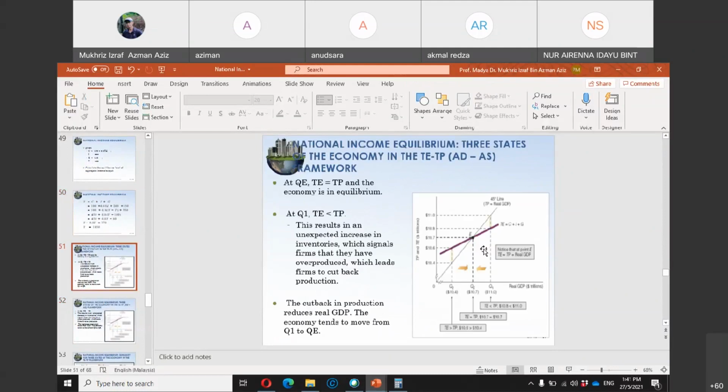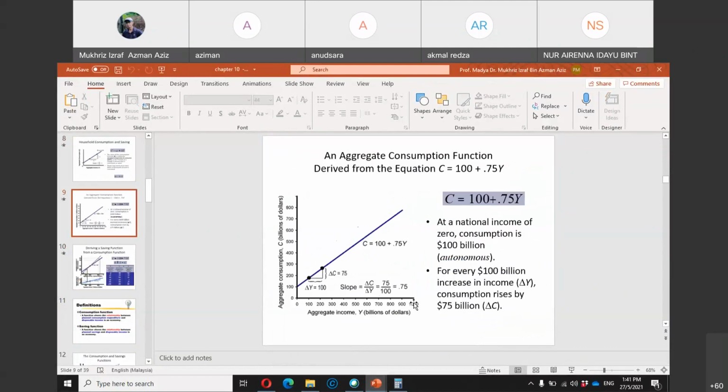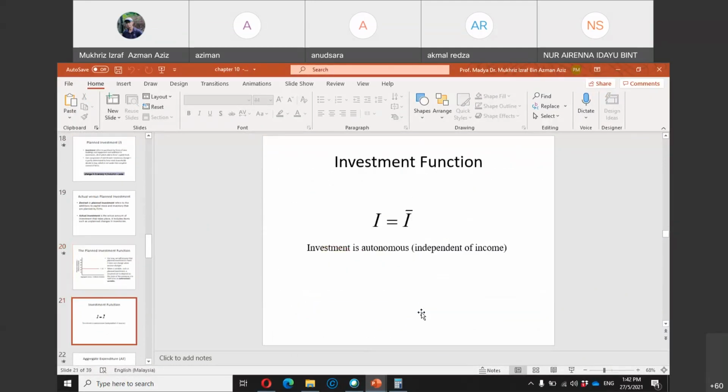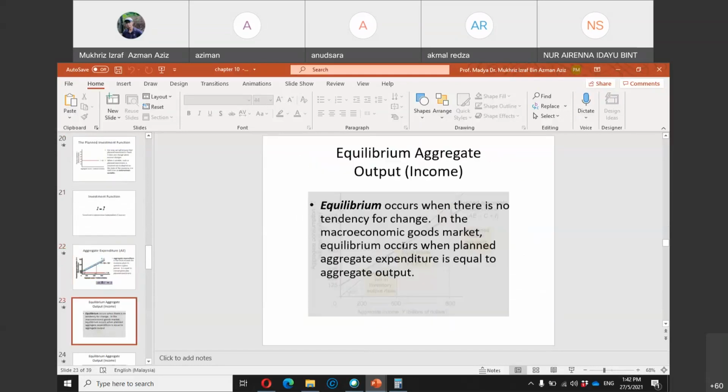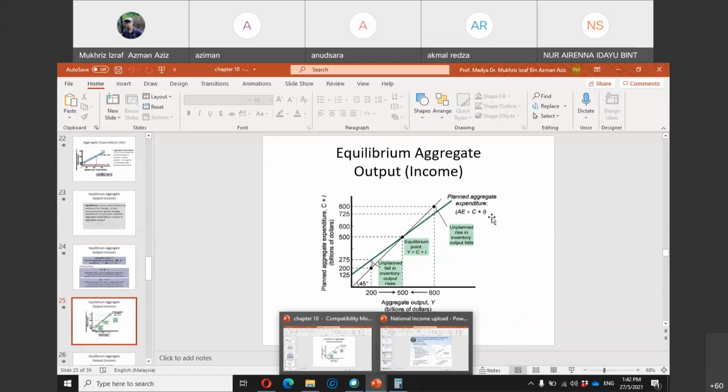Equilibrium is achieved, if you recall from our last Monday lecture, in a two-sector economy when the aggregate expenditure line, the AE line, intersects with the 45-degree line, the Y line. That is when you achieve equilibrium with C plus I. That is the two-sector economy.